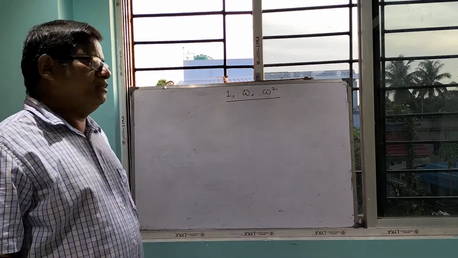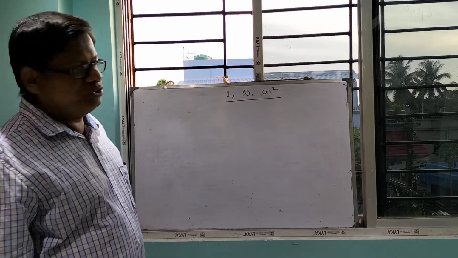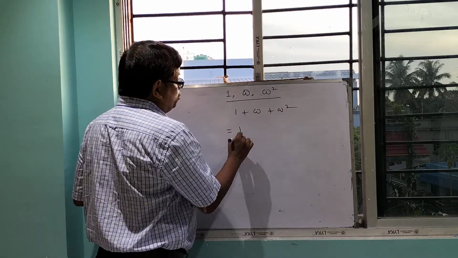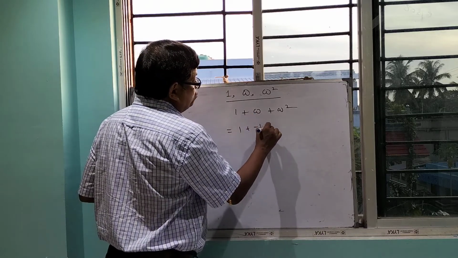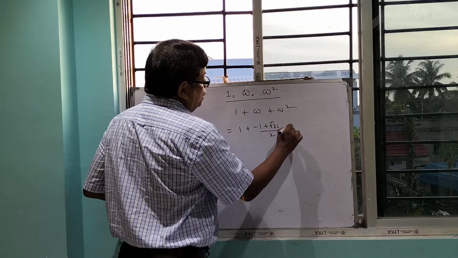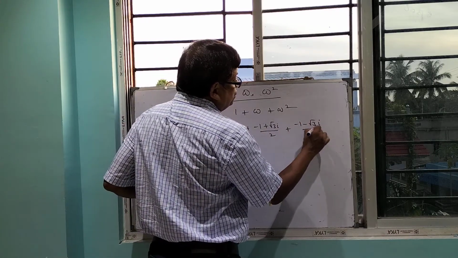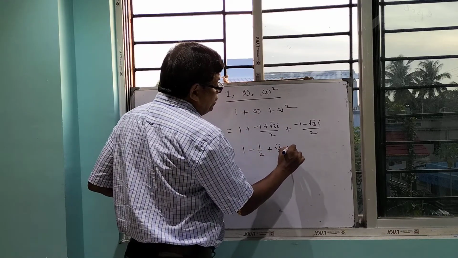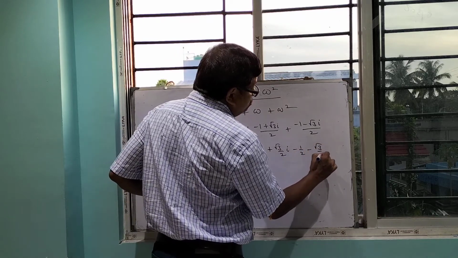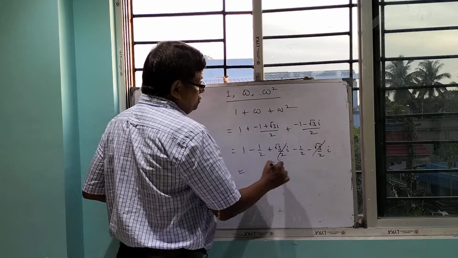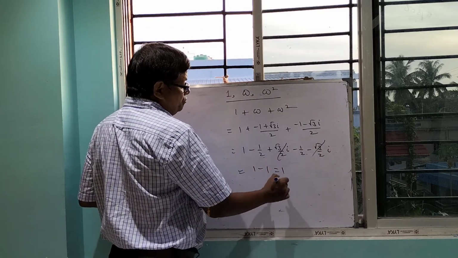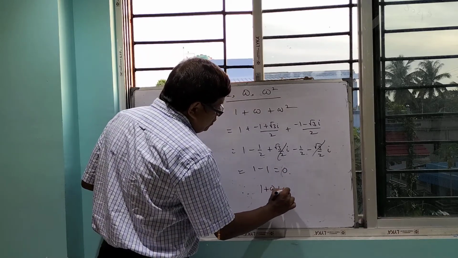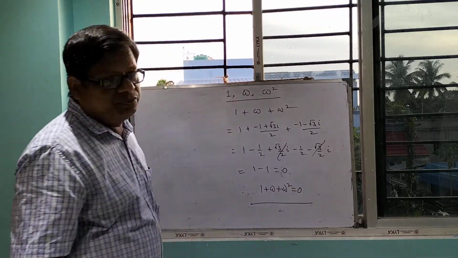Now the sum of the roots. Suppose 1 plus omega plus omega square. So we have 1 plus minus 1 plus root 3i by 2 and minus 1 minus root 3i by 2. After simplification, the root 3i parts cancel, and 1 minus half minus half gives 0.